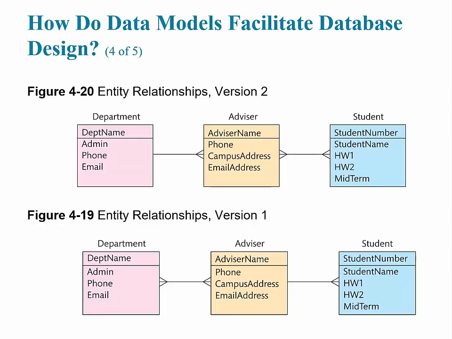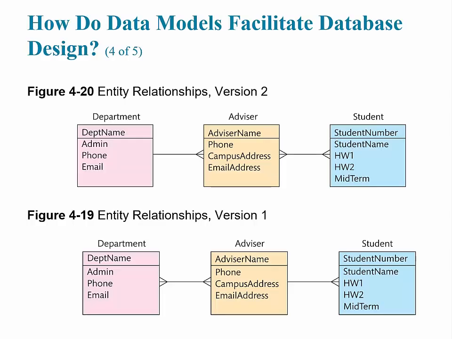That's a many-to-many relationship, meaning that an advisor can have many students at the same time as students can have many advisors. So that depends on how you assume your database.